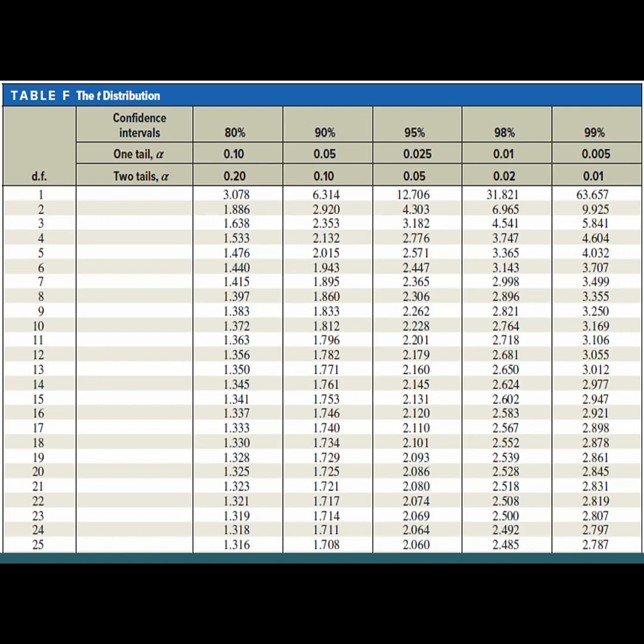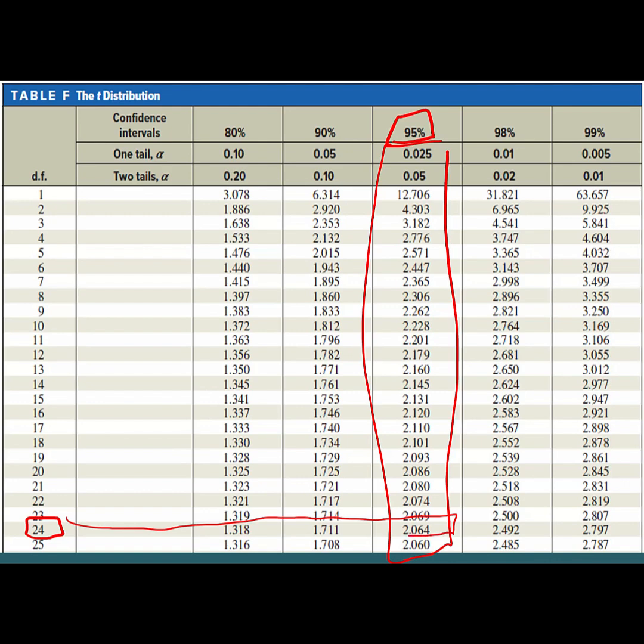As a reminder, once again, we first look for 24 in the df column. And then we also look for the column of 95%. We take a look at where they intersect. And as you can see, they intersect here at 2.064.